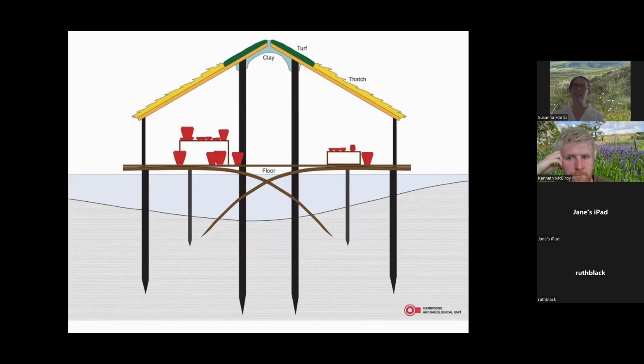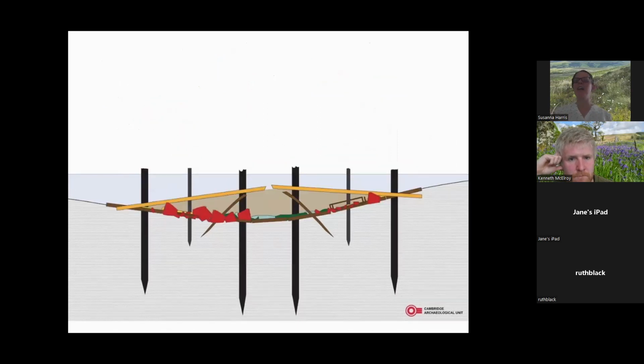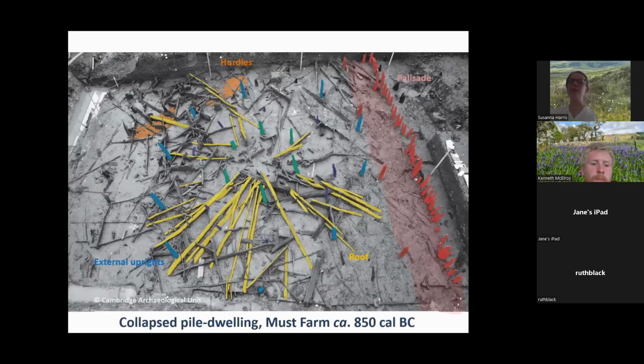The site had a number of structures that were built above the water, and around 850 there was a fire. Everything caught alight. They're made out of wood and thatch, and it burnt, and those structures fell into the silty waterway that it stood above. And what this created was wonderful preservation of the wooden rafters.